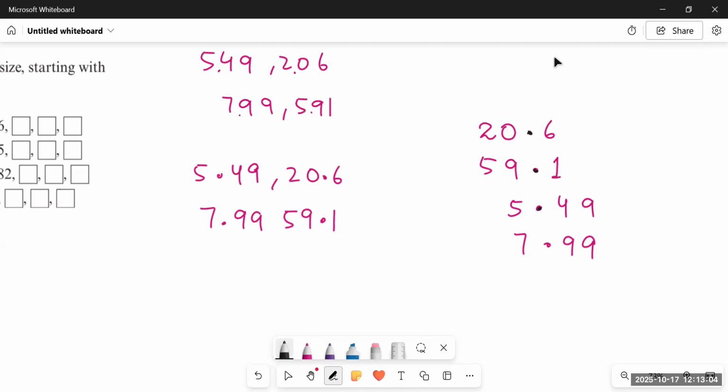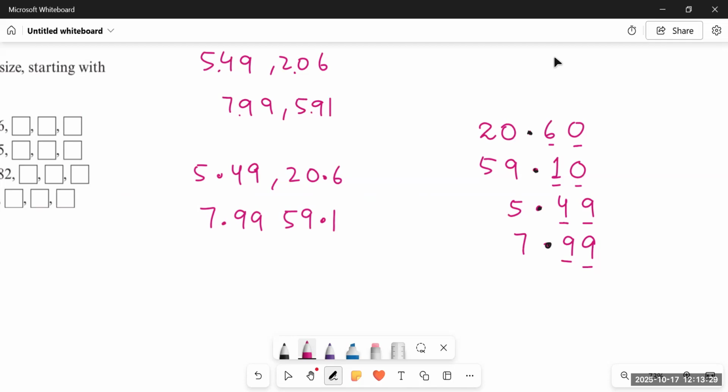Here you can see it's in a row. And then to make them equivalent, like to make them like decimals, we have to make their number of decimal places equals to each other. Like here we have two decimal places in these two numbers. So we will put 0 and 0 over here to make two decimal places in each of these numbers. Now we can compare the numbers very easily.